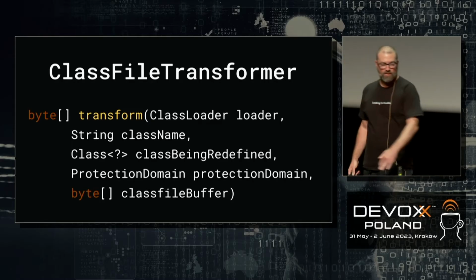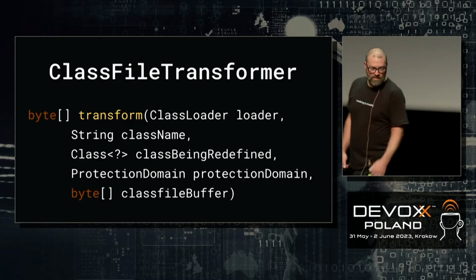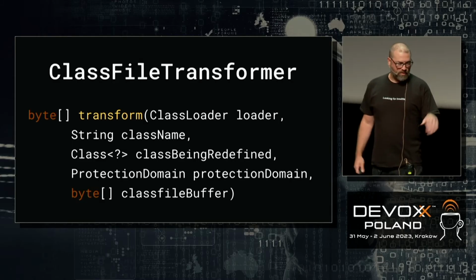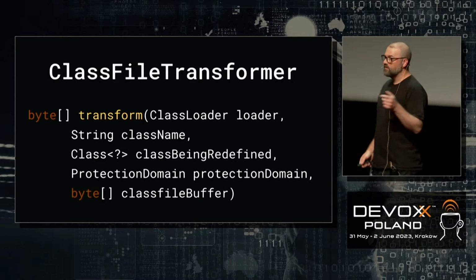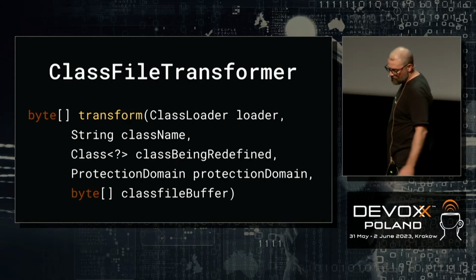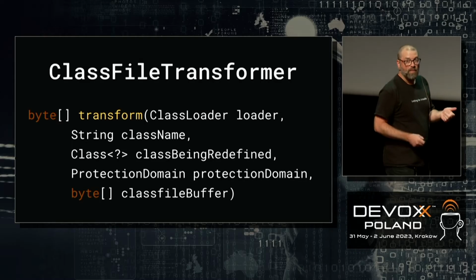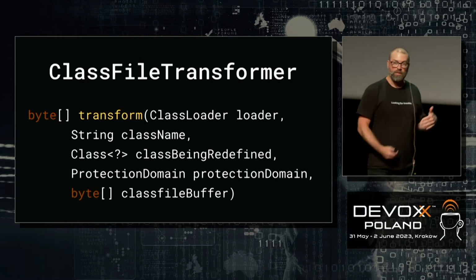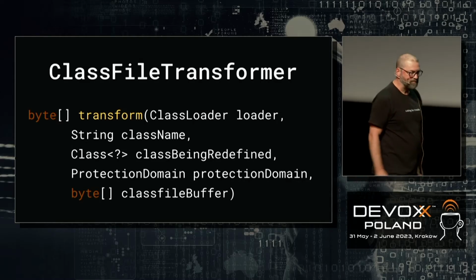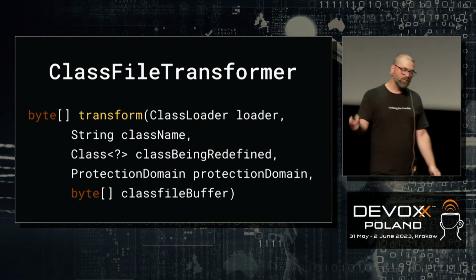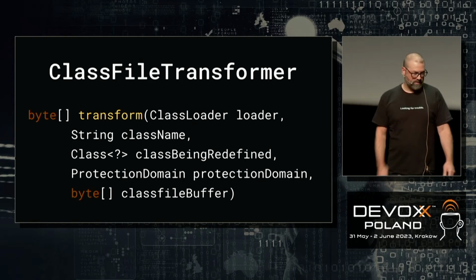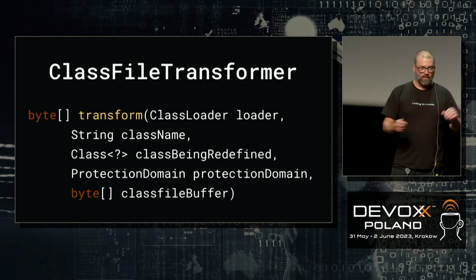It takes in a class loader, it takes in a class, this protection domain, which we'll ignore, but really this class file buffer, this last argument here, this array of bytes, those are the raw class file bytes for the class that's being transformed by your transformer. And you'll notice that this also returns an array of bytes. So bytes in, bytes out, transformation.